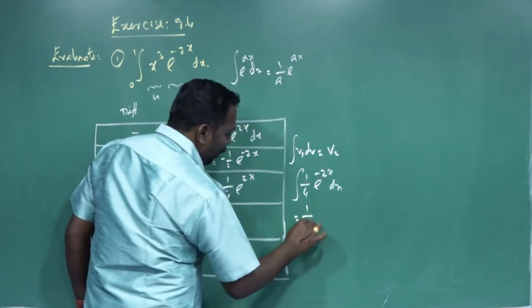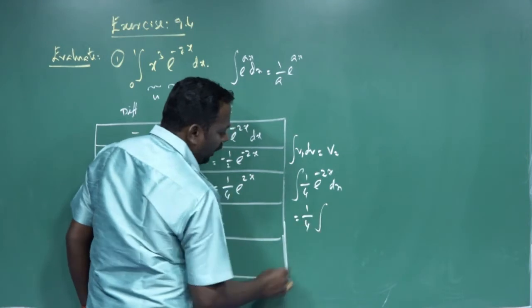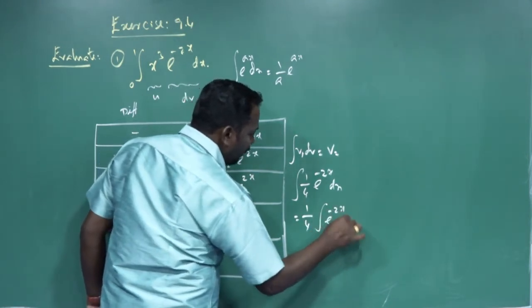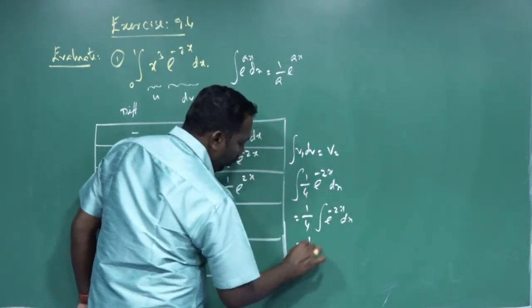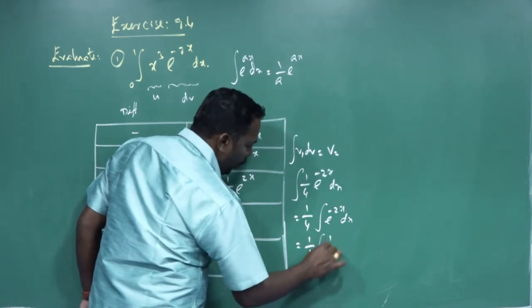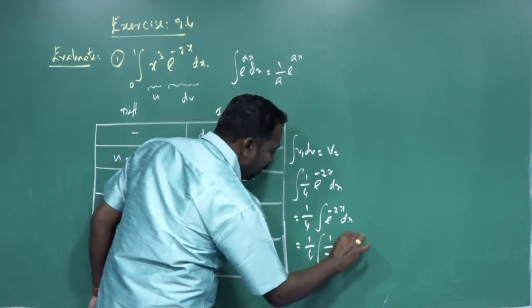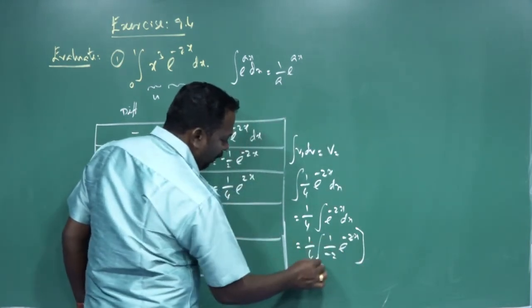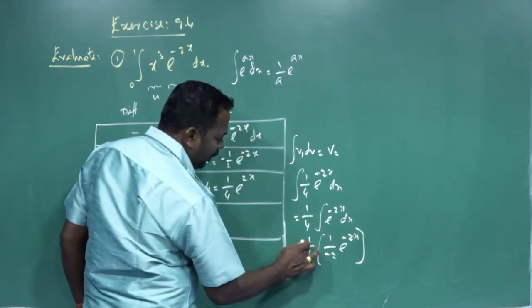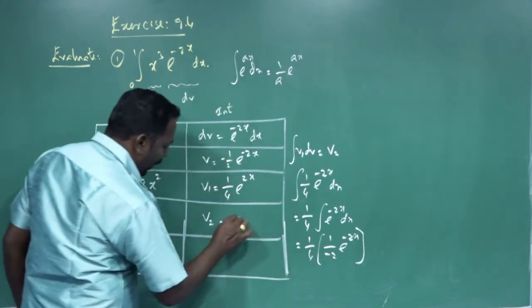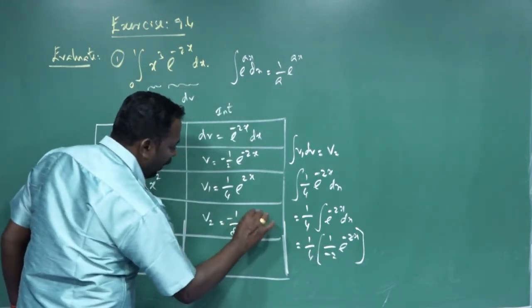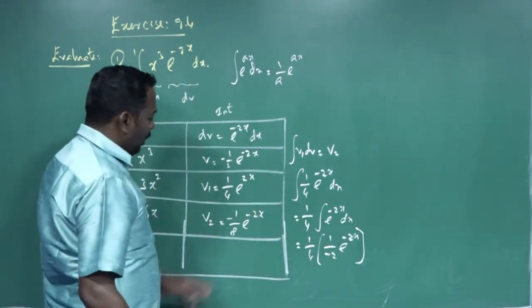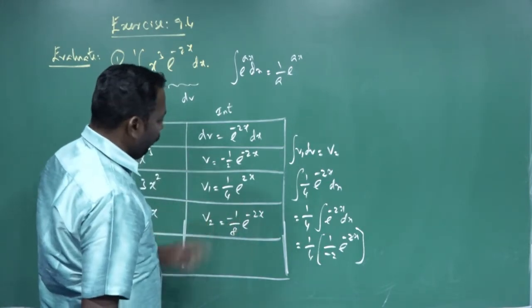That equals 1 by 4, the constant term, keep outside, integration of e power minus 2x into dx. That equals 1 by 4 within the bracket of 1 by minus 2 into e power minus 2x. Therefore, minus into plus is minus 1 by 8. Minus 1 by 8 e power minus 2x is the integration of the previous one, defined by v2.